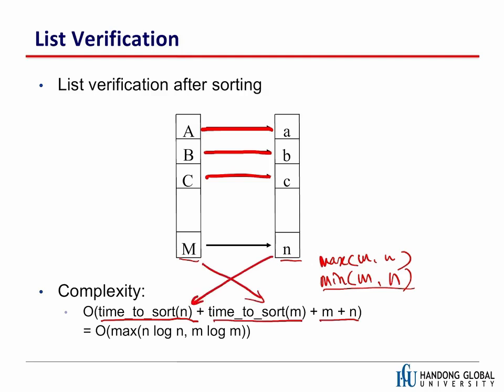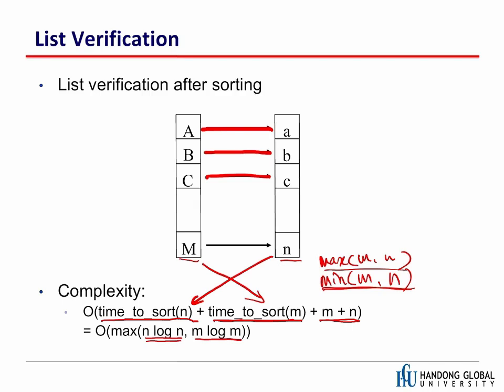And after sorting, we need m plus n computations, or min or max, doesn't matter. Usually the time complexity for sorting n elements is n log n, and for sorting m elements is m log m. We'll talk about this computation cost later, when we talk about the sorting algorithms, we'll see how we get these numbers. So for now, just believe me.